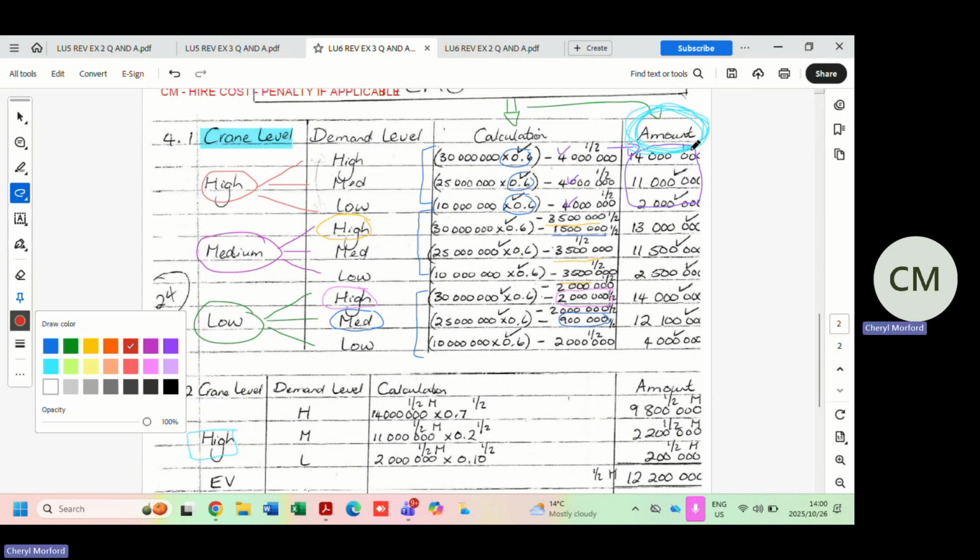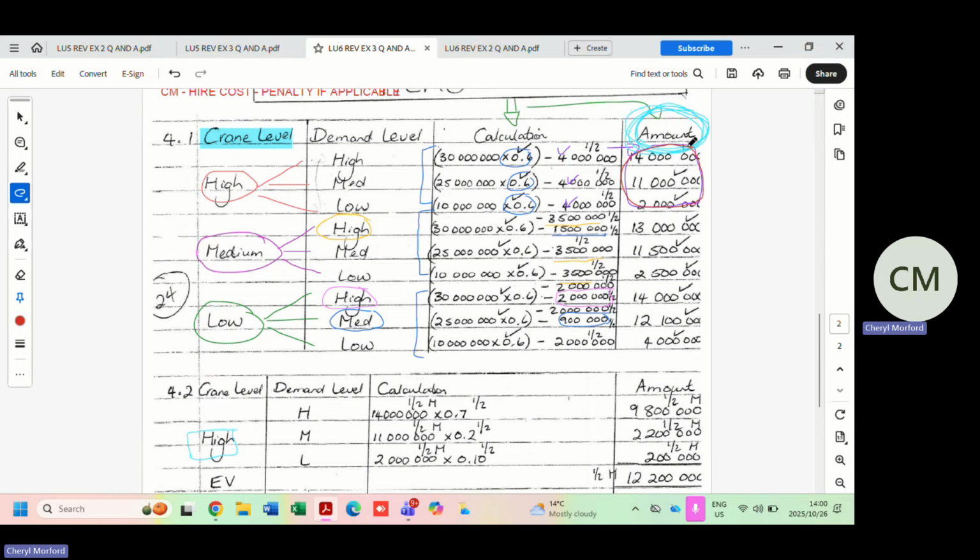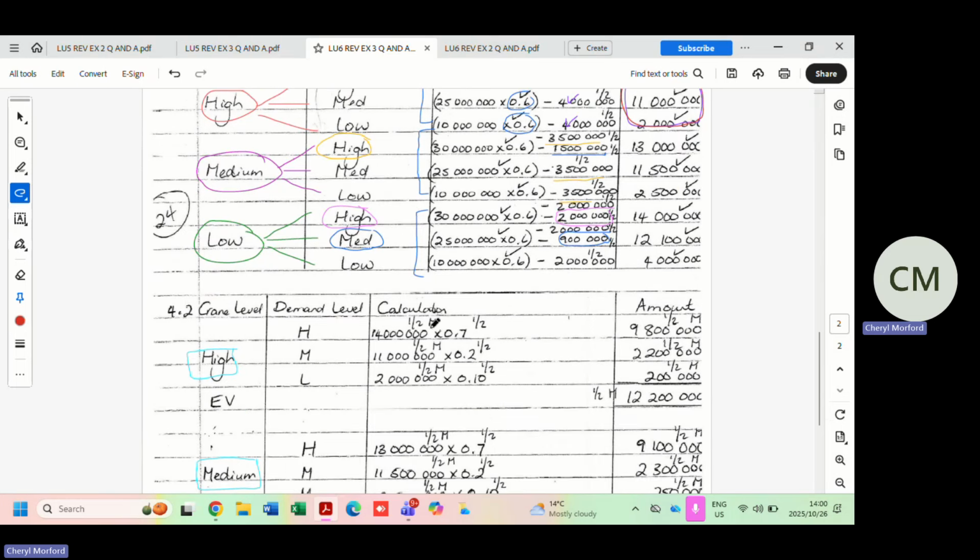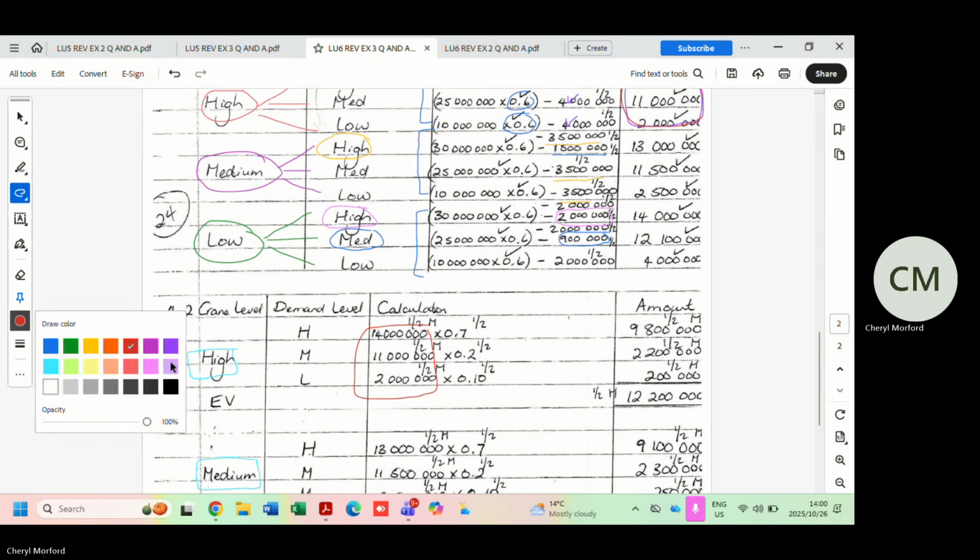This 14 million is the amount associated with high sales and a large crane. So these 3 values over there, we're going to copy and paste them there. Then let's have a look at the next one.